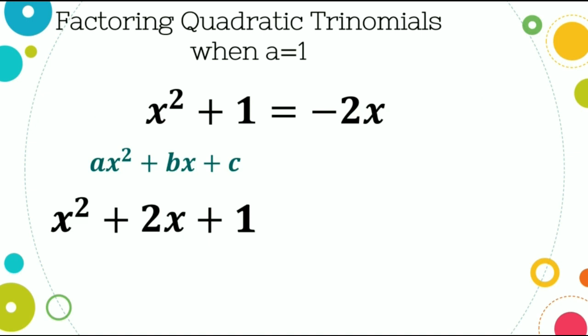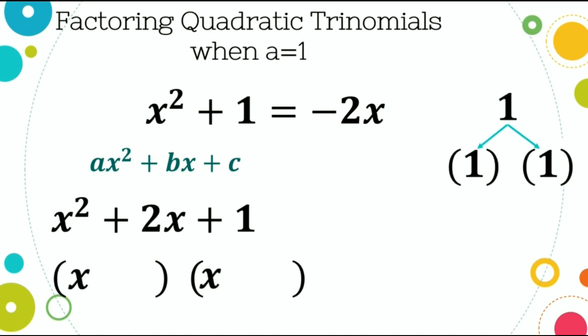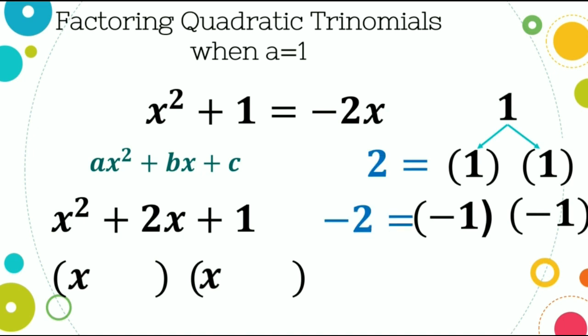After that, step 3, factor the first term. The factor of x squared is x times x. Next, list down the factors of the third term, then add each pair of factors. So we have 1 times 1 and negative 1 times negative 1. The sums of the factors are 2 and negative 2.